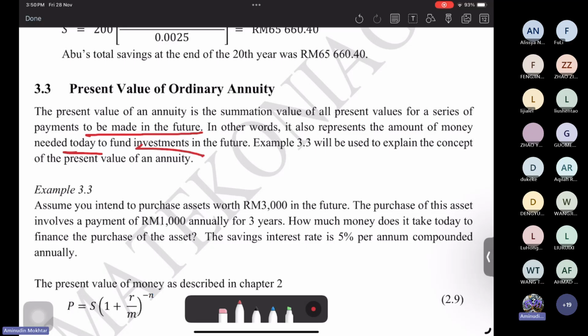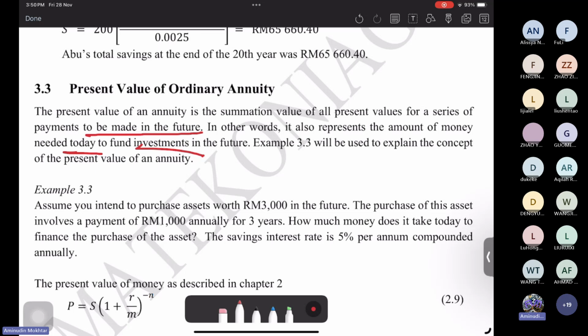What is the objective? The objective is to purchase our asset. In other words, you need to pay 3,000 ringgit in the future to buy the asset, paying 1,000 annually for 3 years.